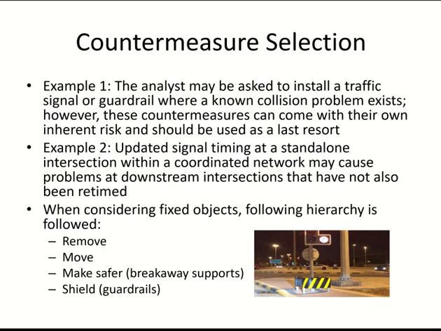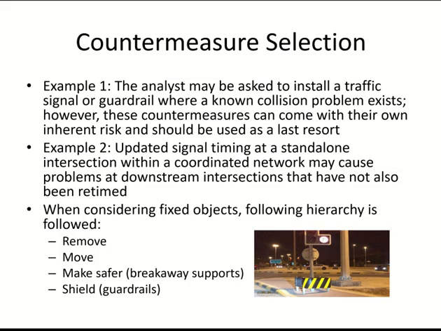As an example, you update signal timing at an intersection without looking at the other intersections. Somebody came and said, we have a problem with the signal timing, change the signal timing. But that signal was part of a coordinated network, something we discussed earlier.